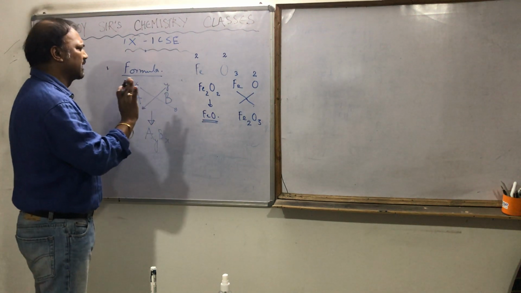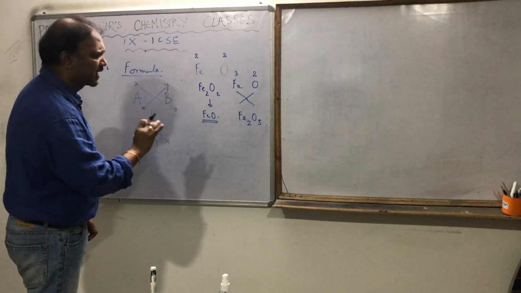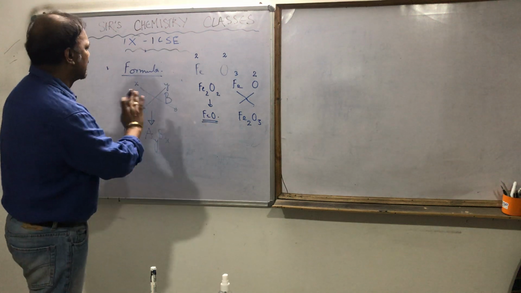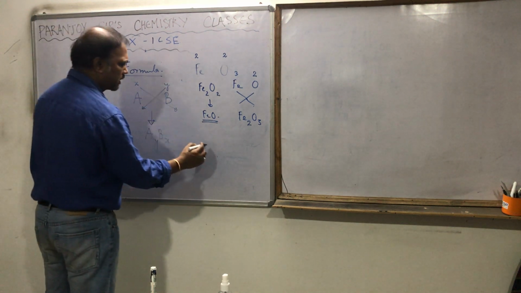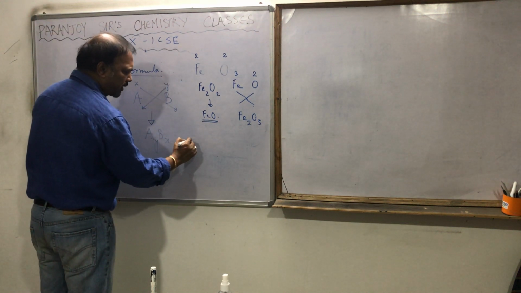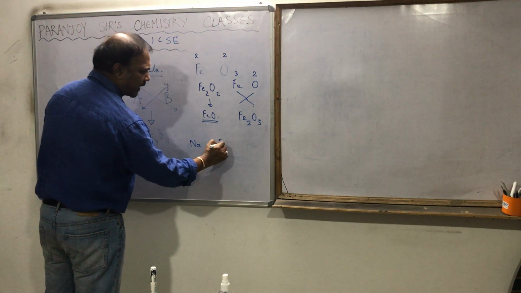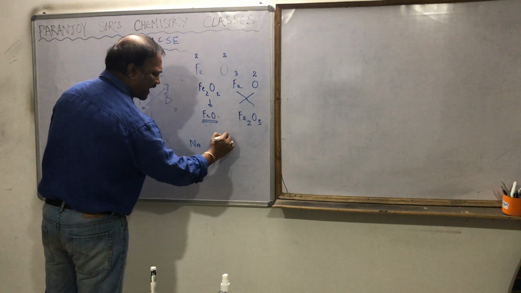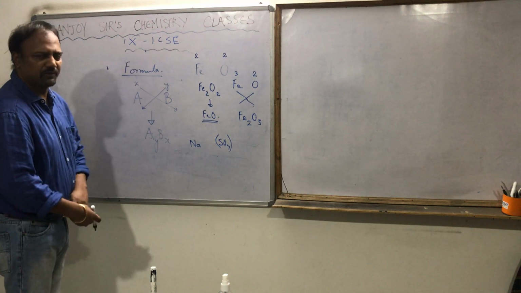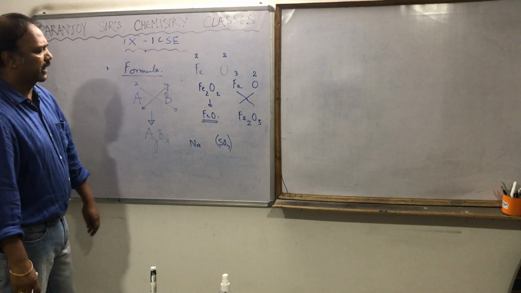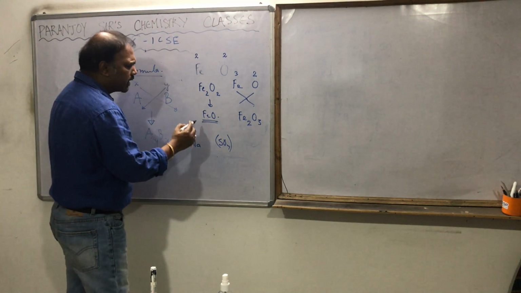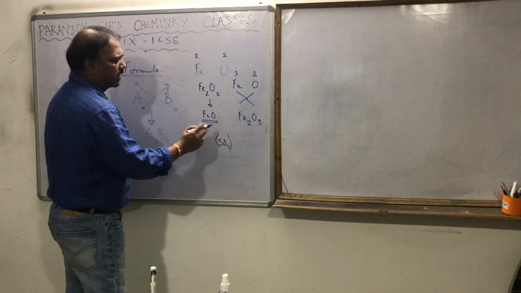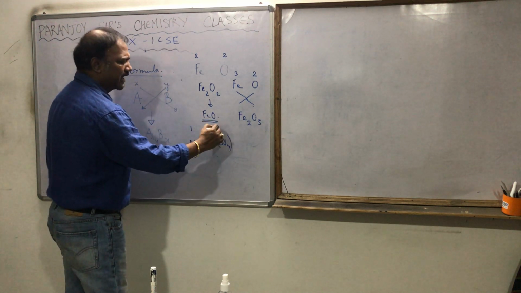Now if it is a radical, let me give an example, then we will come to what a radical is. Suppose sodium is there, and this is there. This is a radical. SO4, we call it sulfate, is a radical. Here the valency of sodium is 1 and the valency of this is 2.